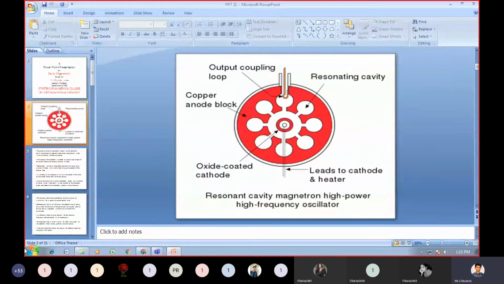In this, you just need to remember a cross-sectional diagram of a resonant cavity magnetron. The magnetic lines of force are parallel to the geometric axis of this structure.